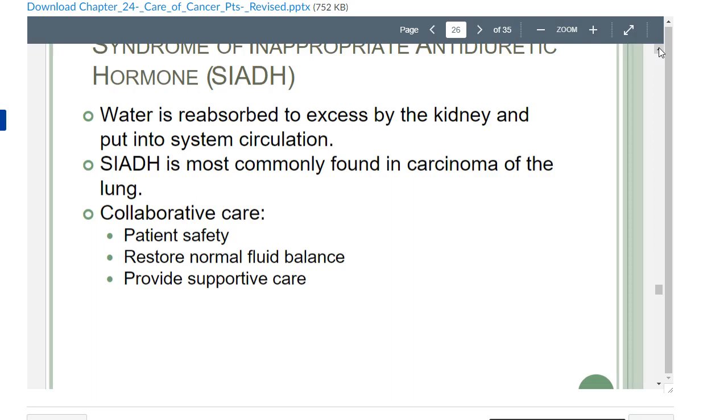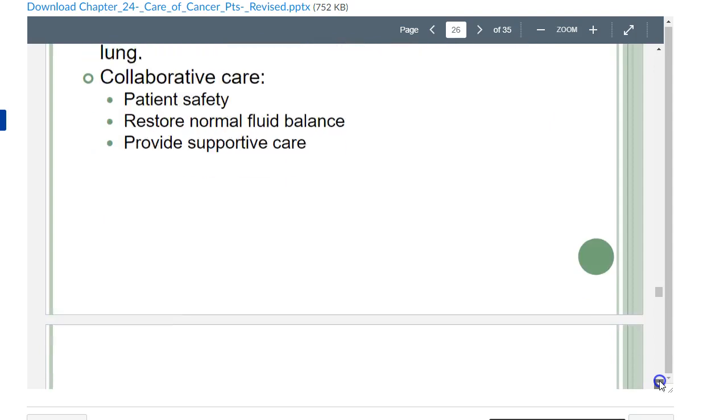It's an antibiotic, and some of these work in opposition to the secretion of ADH. And so this might be a medication that we might treat this problem with. But the important thing is we're going to have to restore normal fluid balance, provide supportive care, and definitely assess our patient's cardiac and respiratory status, okay?